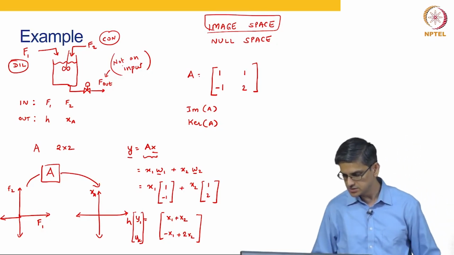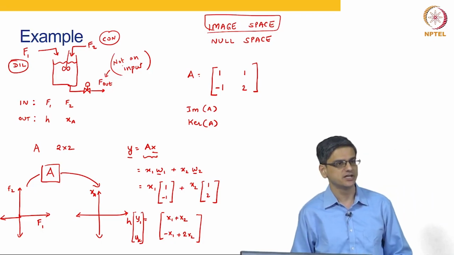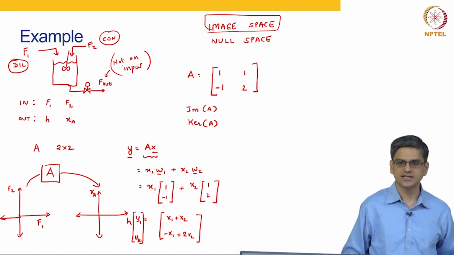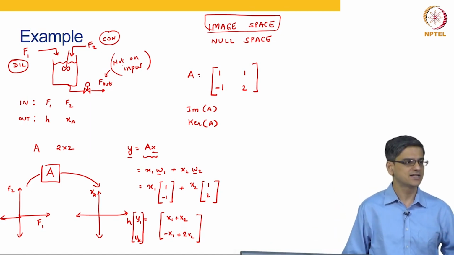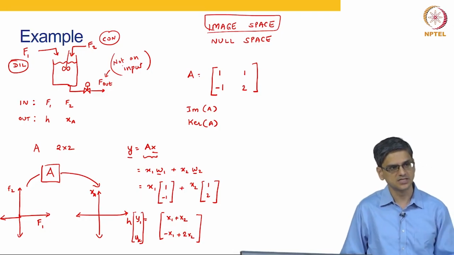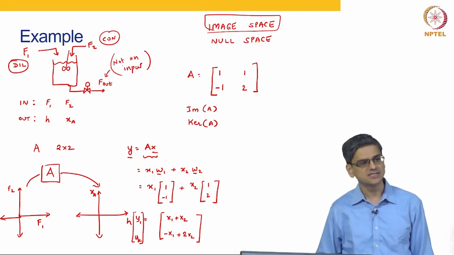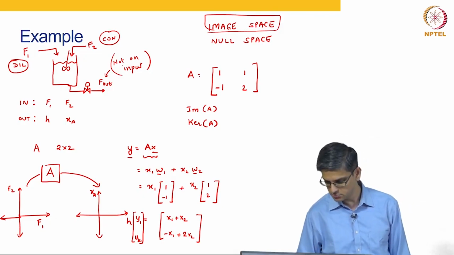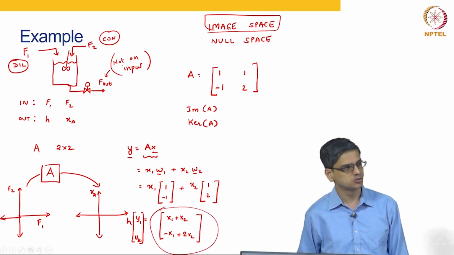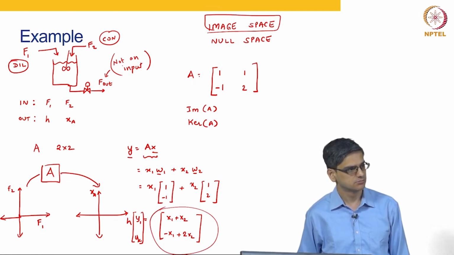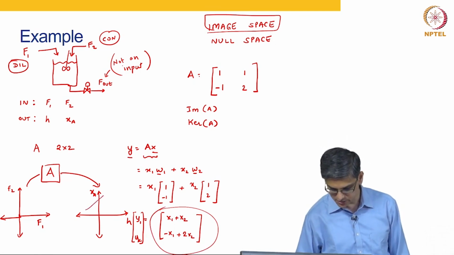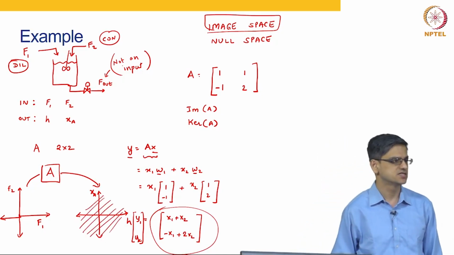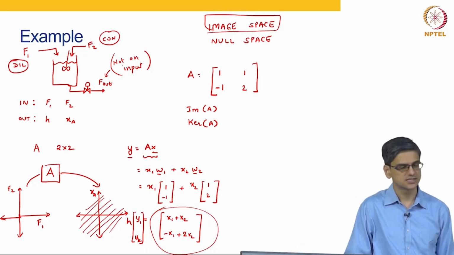That means you let x1 and x2 vary arbitrarily, and that entire subspace that is formed by that variation will form the image space of A. So as you can see, any point in this x and h space can be reached by choosing arbitrary values of x1 and x2. So the image space in this particular example is this entire 2-dimensional space. That is the image space.